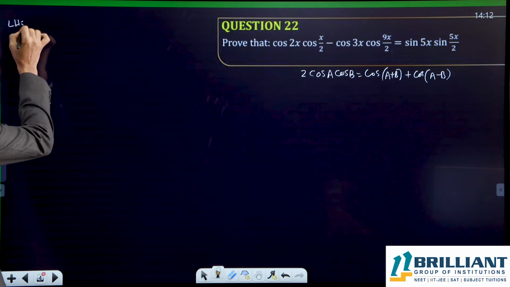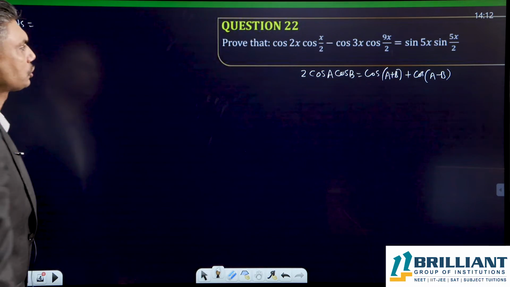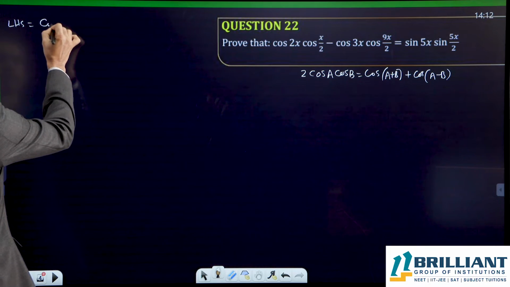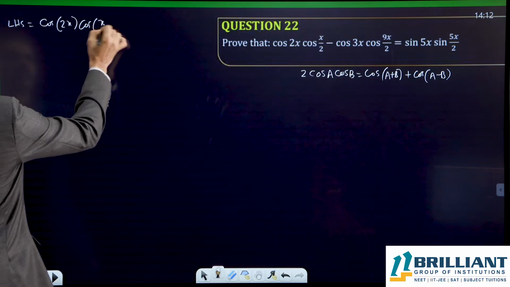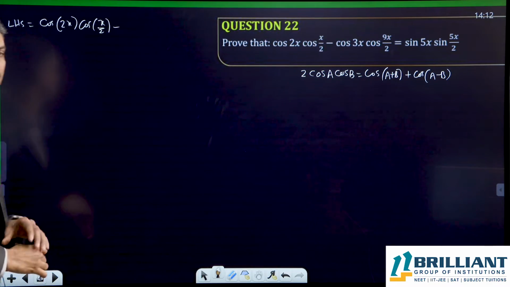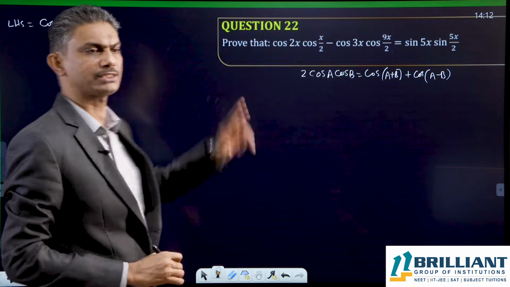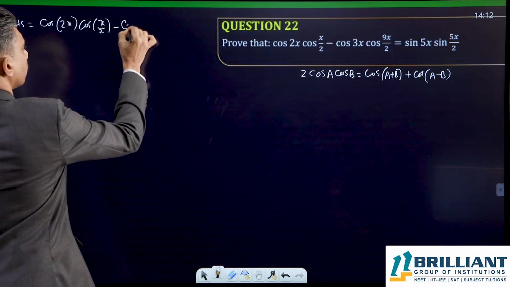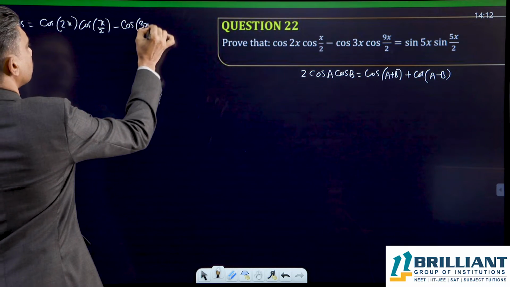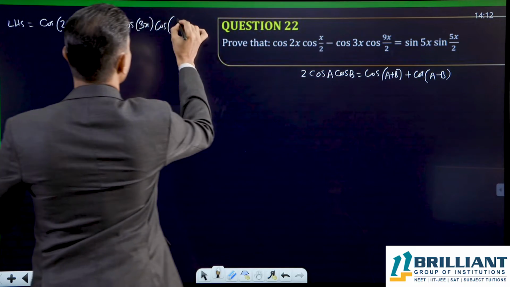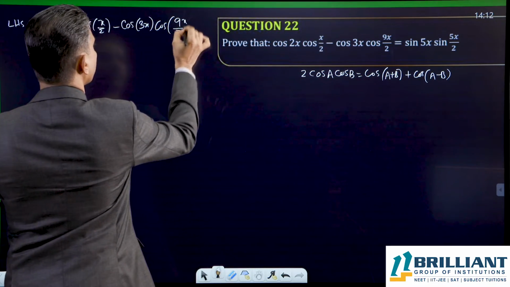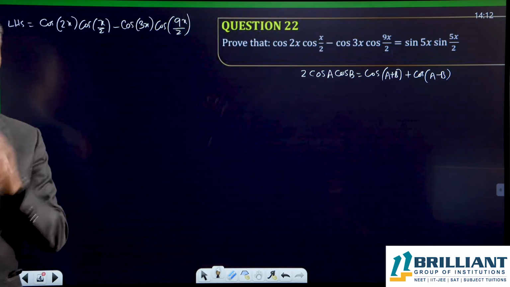LHS is equal to cos 2x into cos x by 2 minus cos 3x into cos 9x by 2. So, this is the expression LHS.